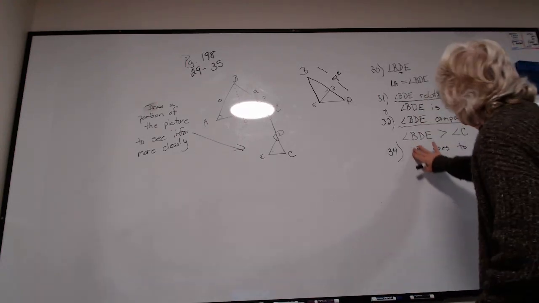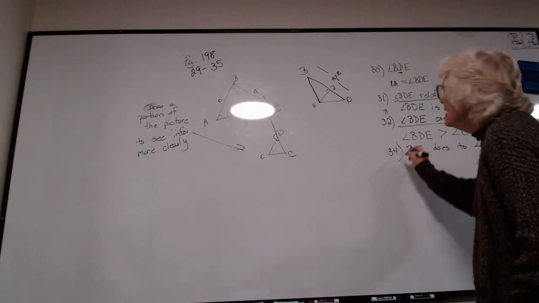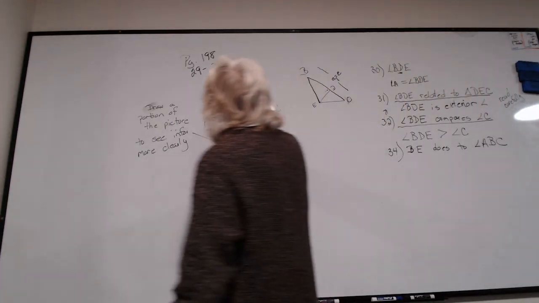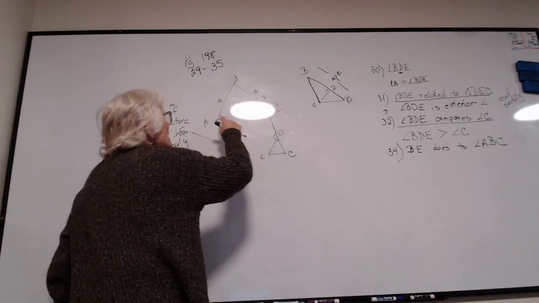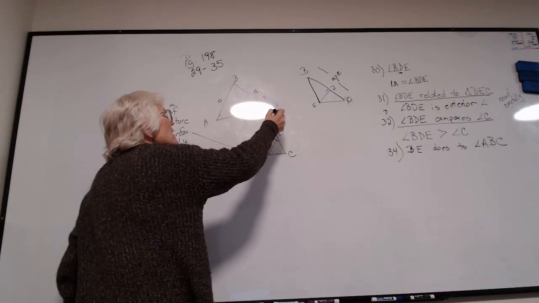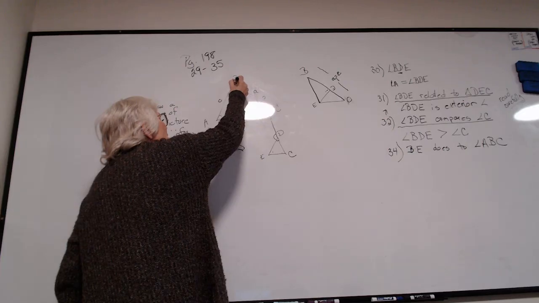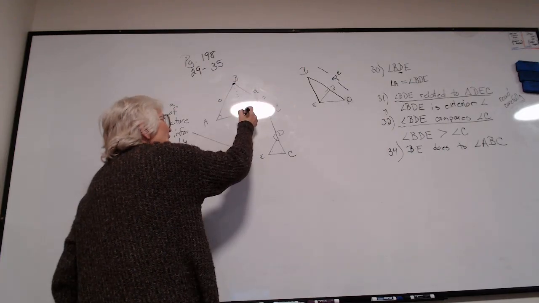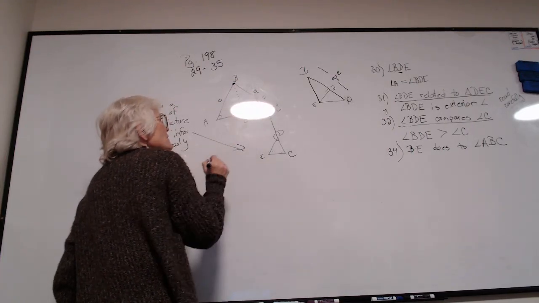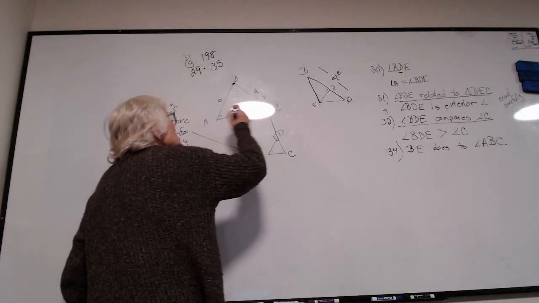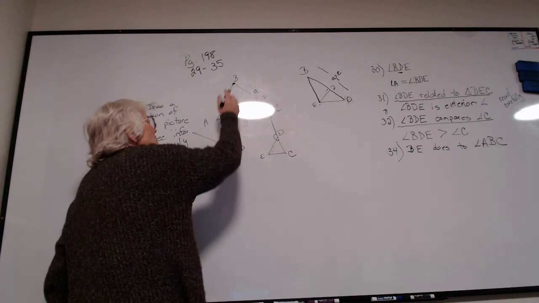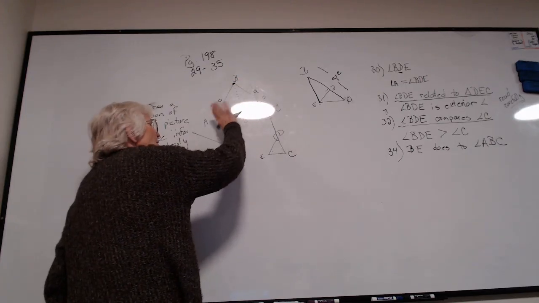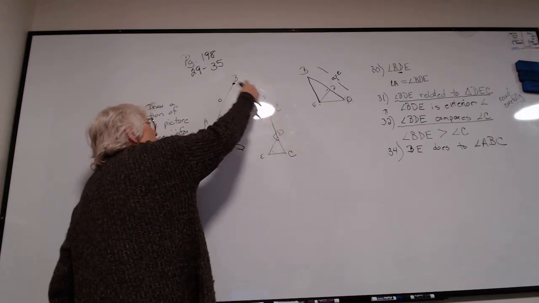I knew that was not right. Okay, BE. So if I fold this right here and I fold it across, so we're back to this. What is this line? BE. Where I folded it, because that's the new E. So I'm actually back to this picture. What does that line, when I fold it, do to angle ABC?